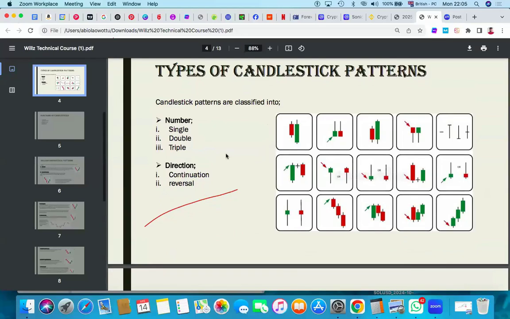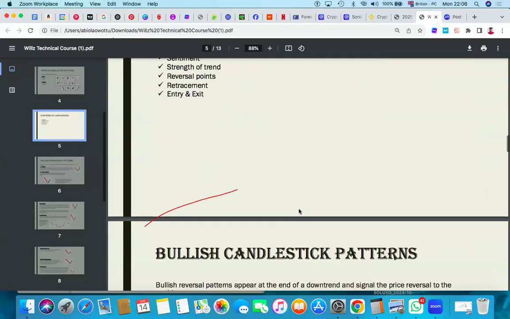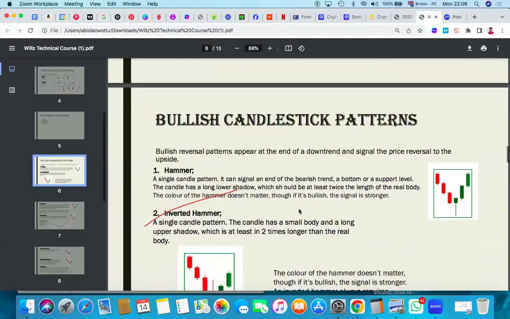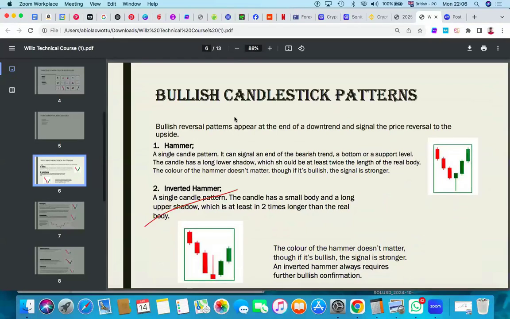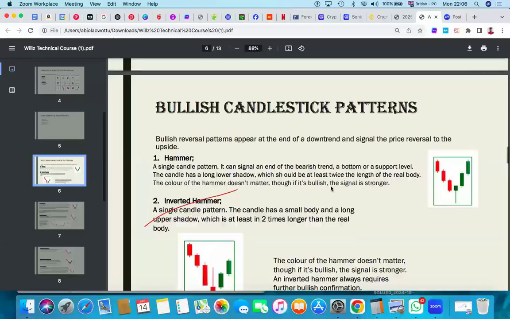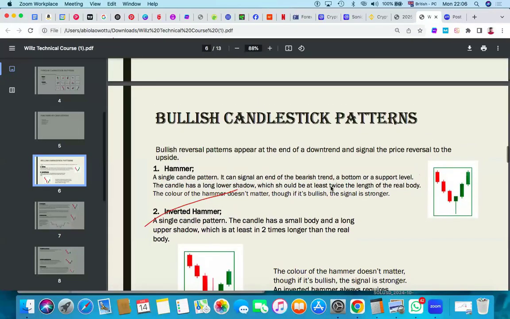Please unmute and tell us what a doji is. Let's see if we are actually following up. And then probably we can see another person who can tell us what a hammer and an inverted hammer are, if we can identify them on the chat.